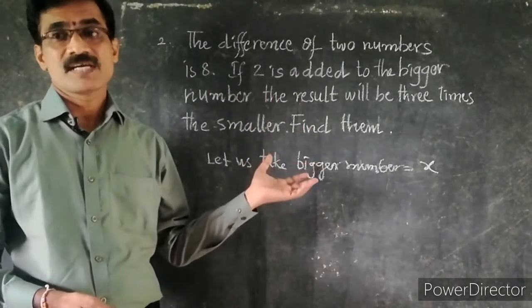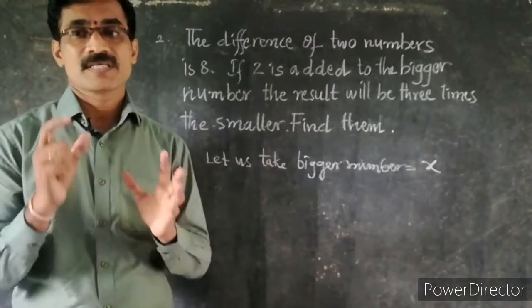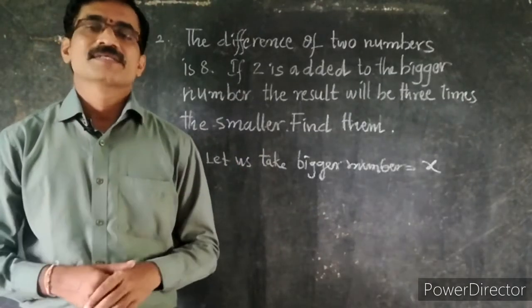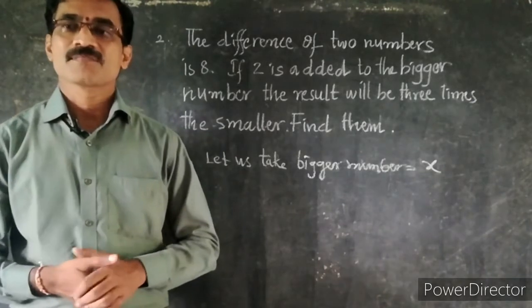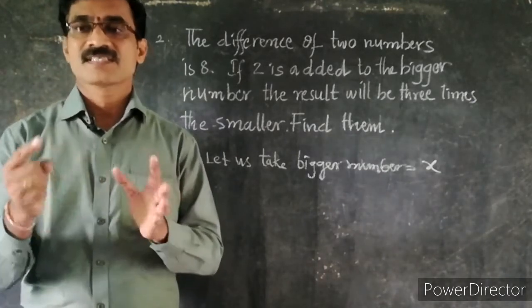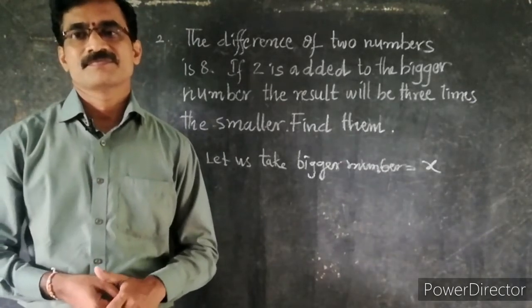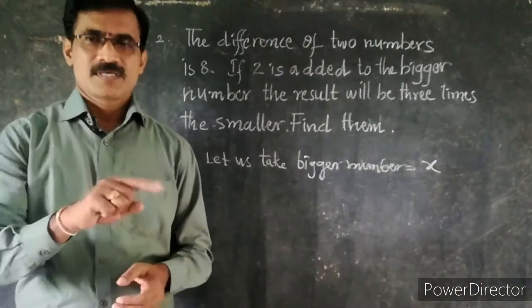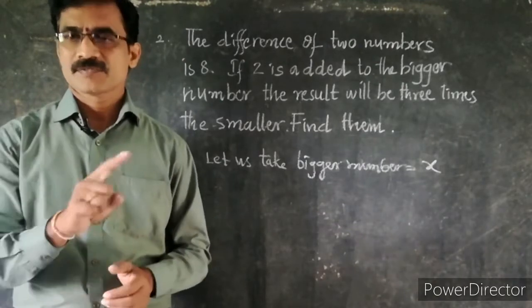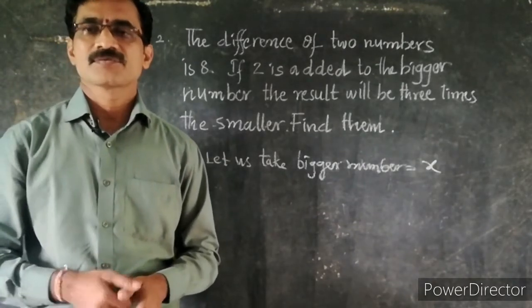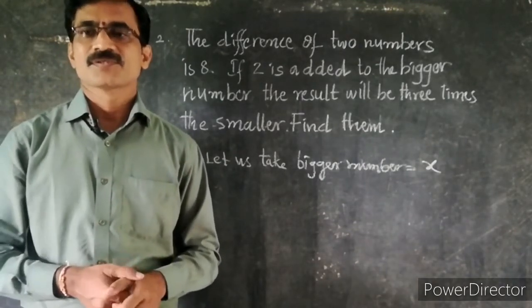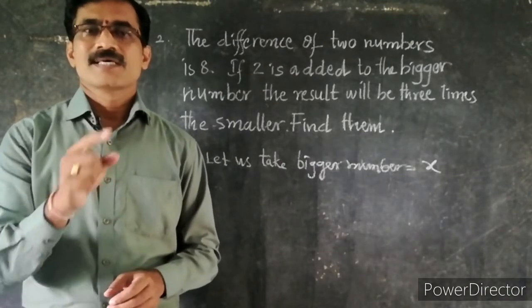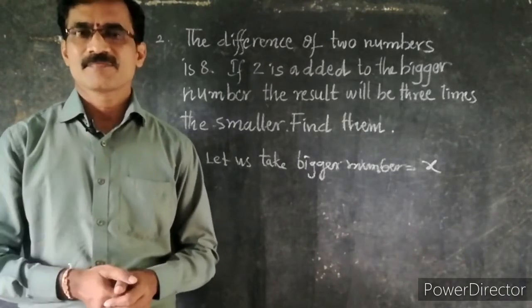If the difference is 8, for example, I am taking the bigger number 10. What will be the smaller number if their difference is 8? Yes, right, 2, because if you subtract 2 from 10, you will get 8. So it must be 8 less than the bigger number.